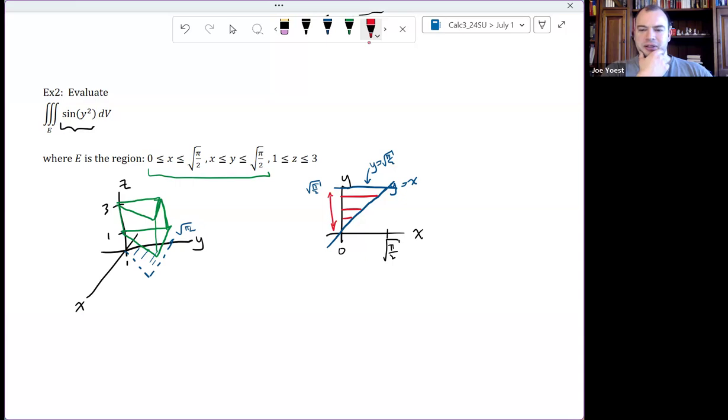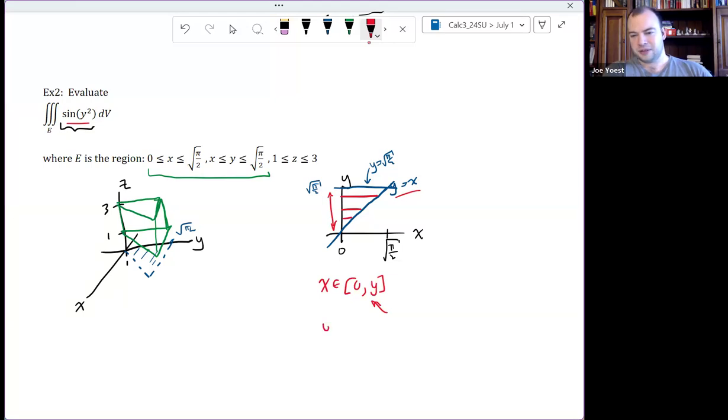So now what am I going to do? I'm first going along x. I'm first looking at horizontal cross sections, where x goes from x equals 0 to x equals y. And I think that y is going to come in and save the day here, helping us with this integrand.